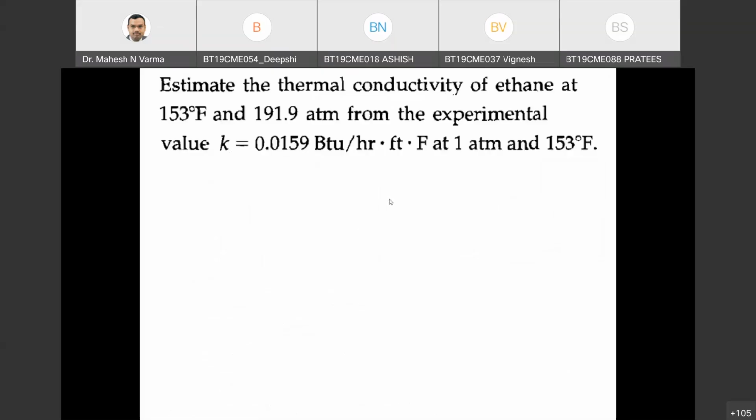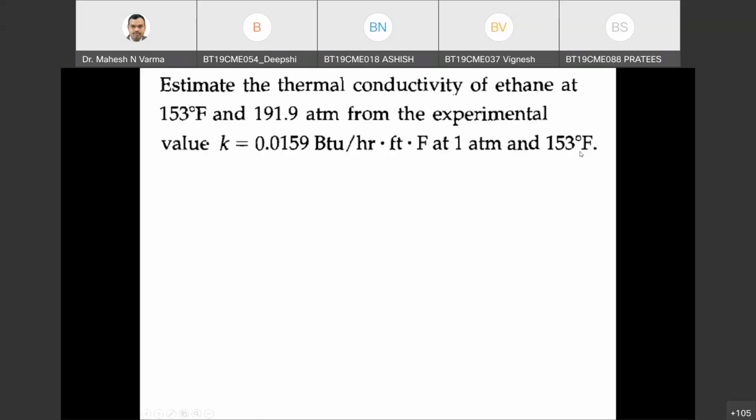Anyway, we'll solve some problems based on this. Estimate the thermal conductivity of ethane at 153 degrees Fahrenheit and 191 atmospheres, from the experimental value of K. Thermal conductivity is given at 1 atmosphere and this temperature.